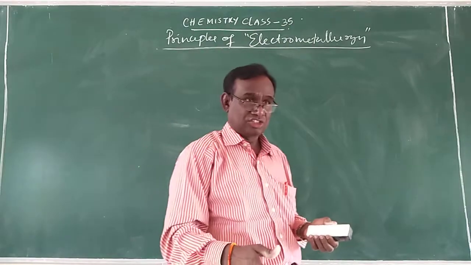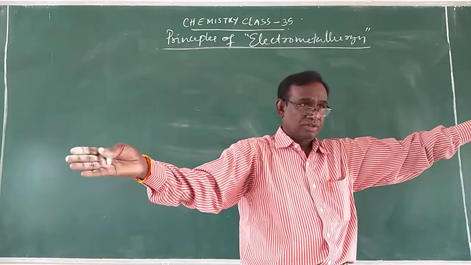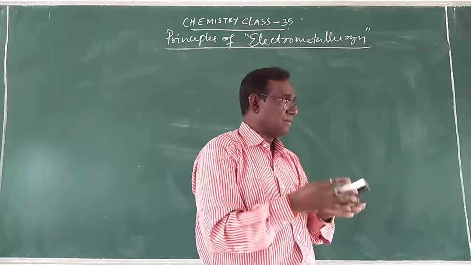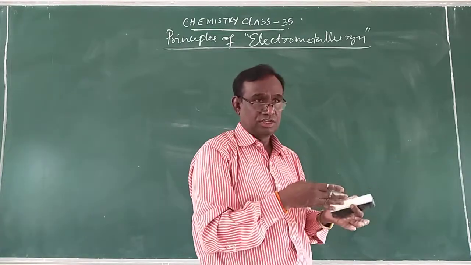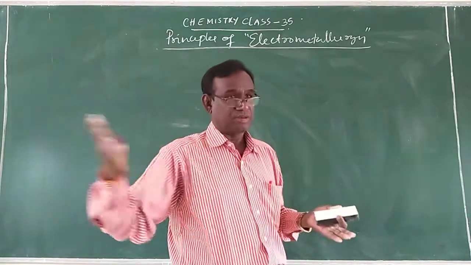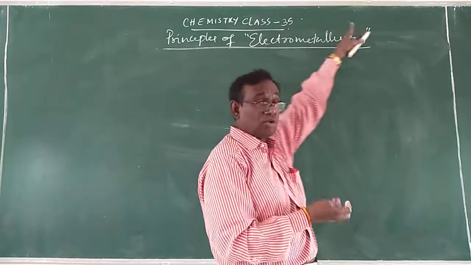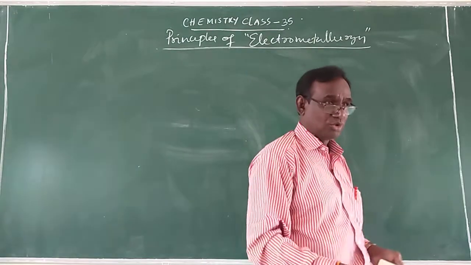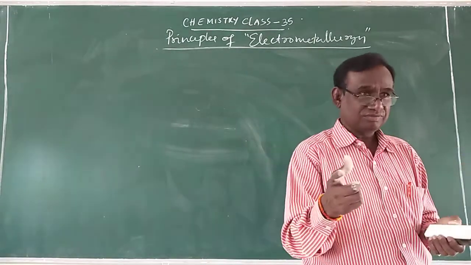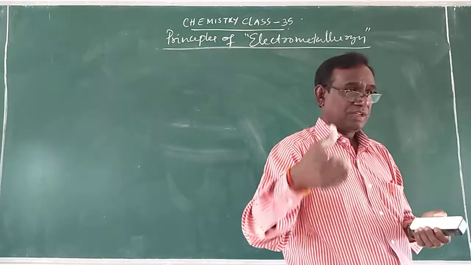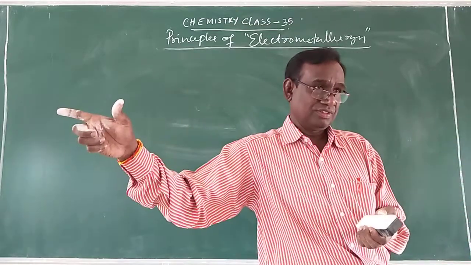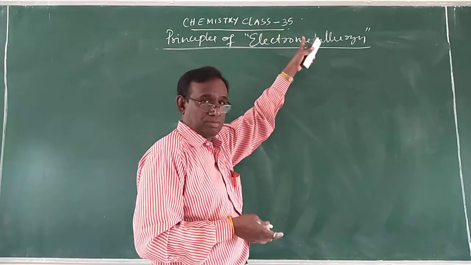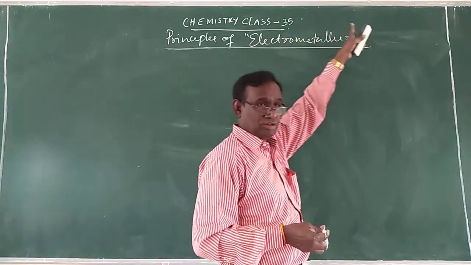By passing electricity, we can resolve the two components present in the metal salts and extract the metals. That is called electrolytic reduction, or electrolysis. Therefore, it is called electrometallurgy.